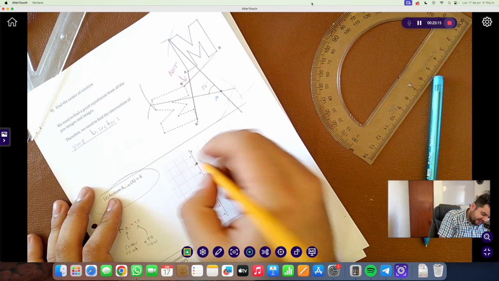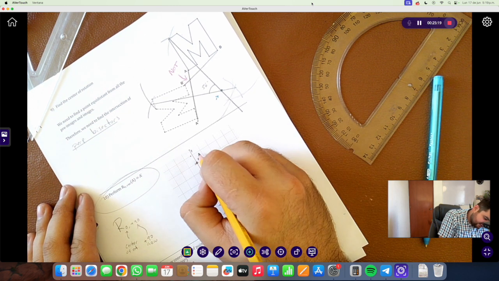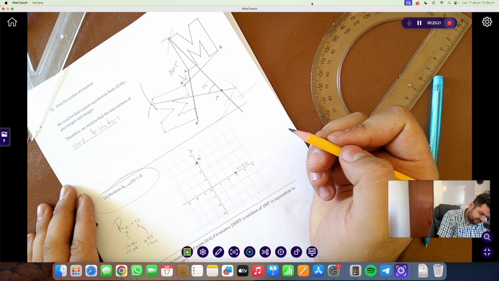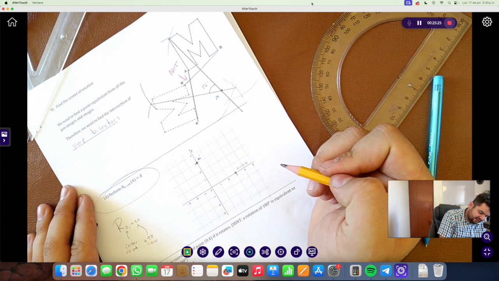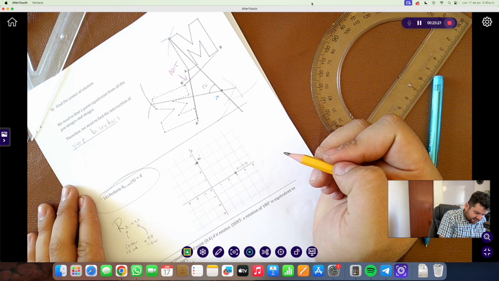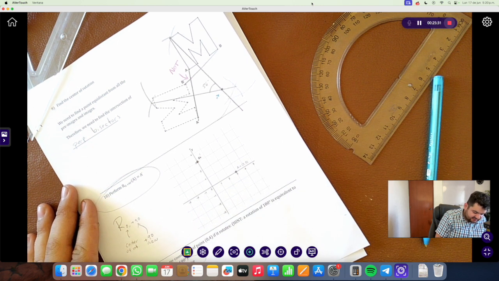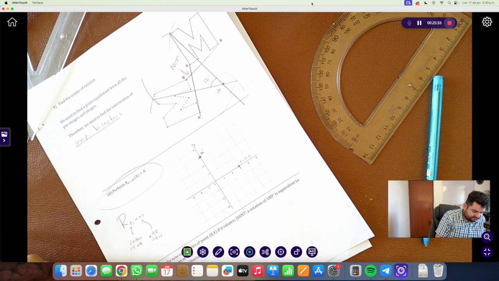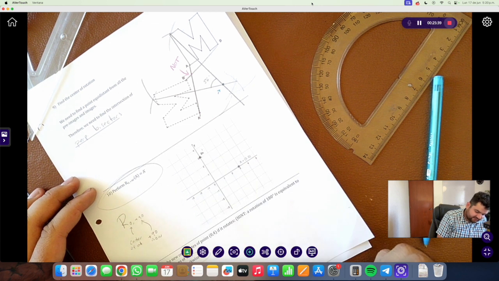So now the 90 degrees rotation, A prime, if it was on the x-axis, now it's going to be on the y-axis. Now, if I want to rotate 90 degrees counterclockwise, it is exactly this, no?